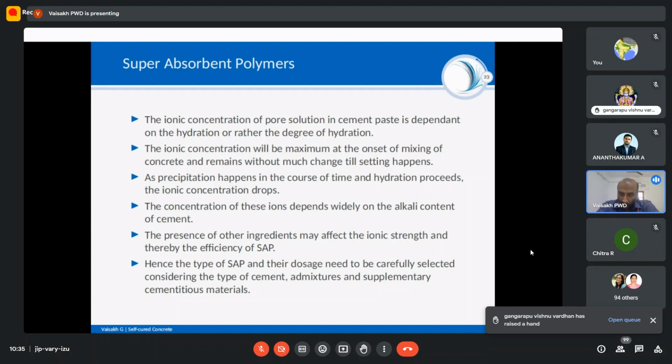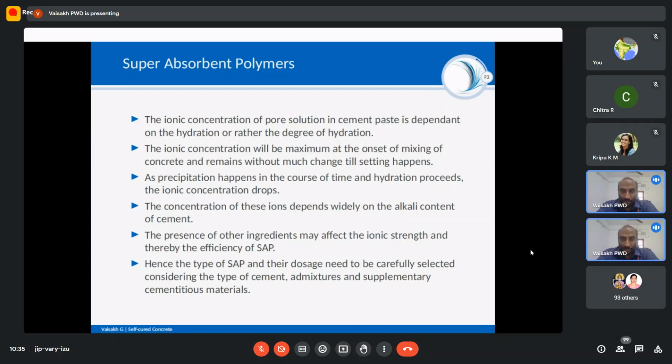But after the concrete attains its setting and precipitation happens in the course of time, the ionic concentration drops. This depends largely on the alkali content of the cement. So, the dosage of SAP has to be decided considering the alkali content of the cement also.